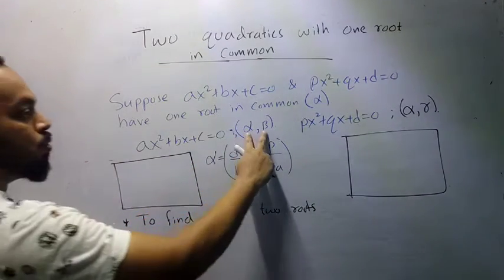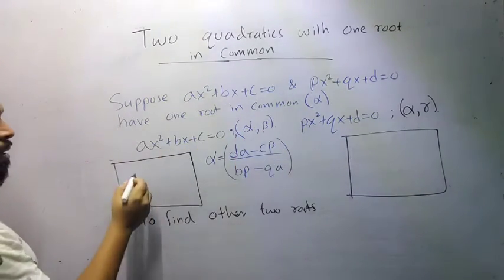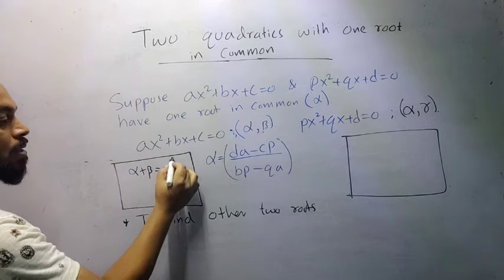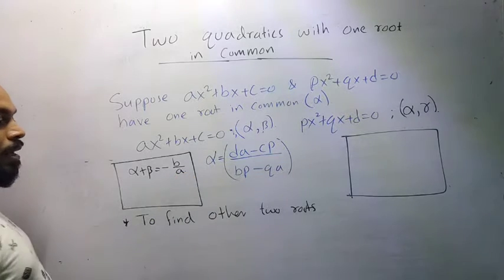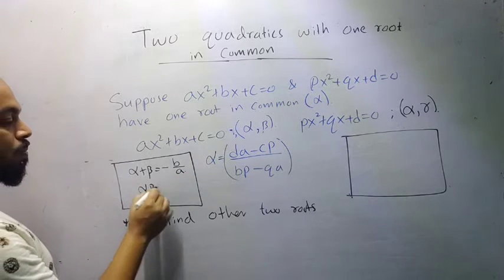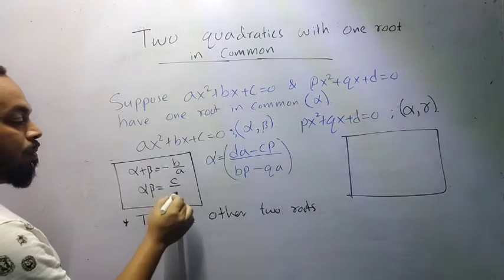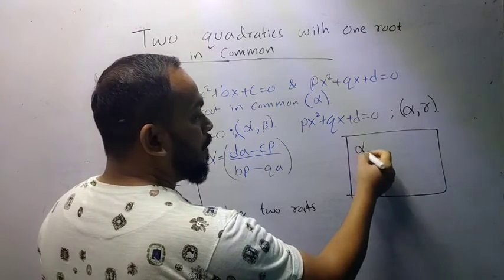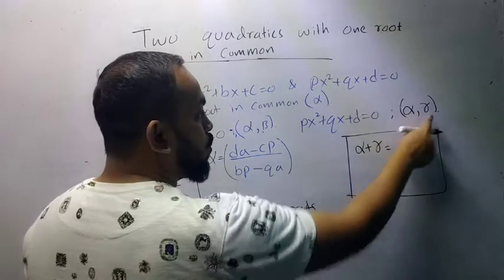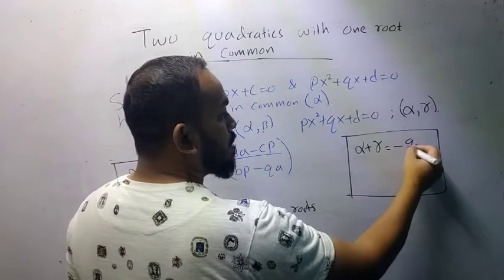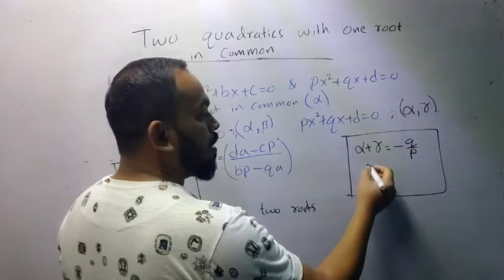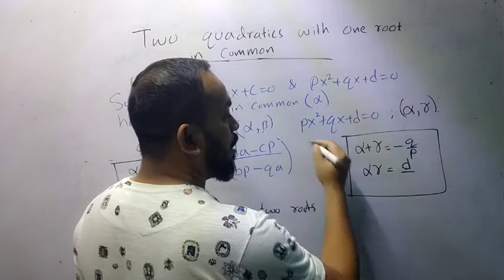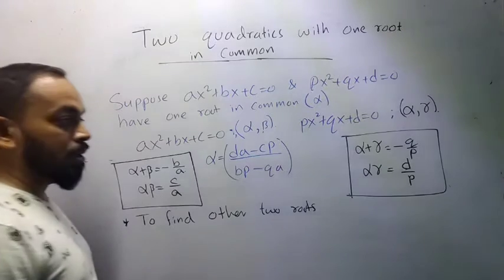When two roots are given based on this quadratic equation, you can write alpha plus beta equals minus coefficient of x divided by coefficient of x squared, and alpha into beta equals constant divided by coefficient of x squared. Again, similarly, alpha plus gamma equals minus coefficient of x divided by coefficient of x squared, alpha into gamma equals constant D divided by coefficient of x squared.